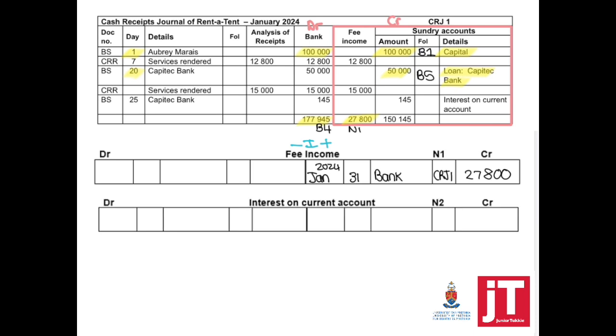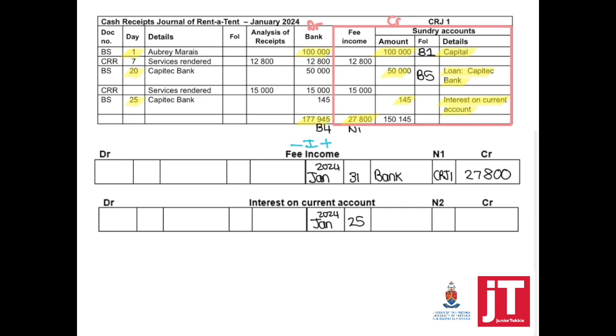Lastly, we have to post interest on current account. Again, it's under sundry accounts, which means we have to post it on the day of when the transaction took place. Income will always increase on the credit side. From the cash receipts journal, bank was debited, the rest is credited.